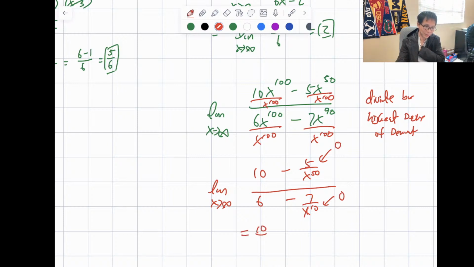So that's 10 over 6, 5 over 3. This happened to be the easiest way to do something. Divided by the highest degree of the denominator. Don't ever forget that, because that sometimes is useful for the AP exam, because everybody knows the L'Hopital rule, but nobody knows those basic pieces of information.